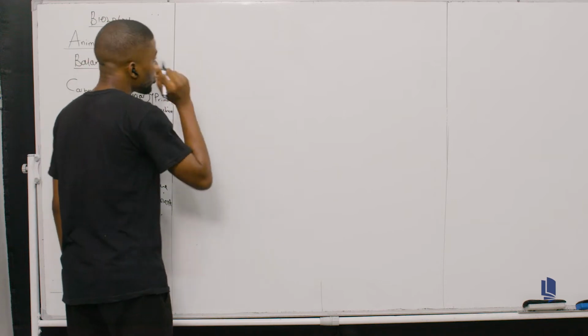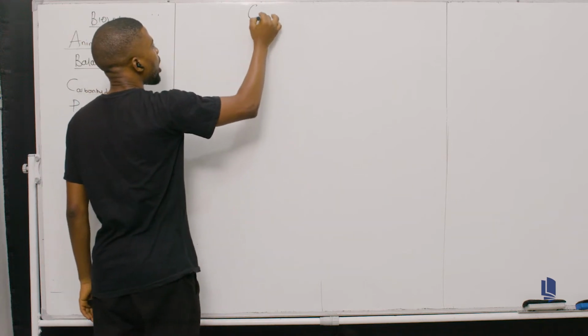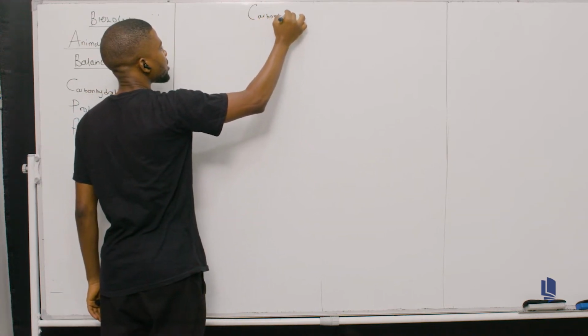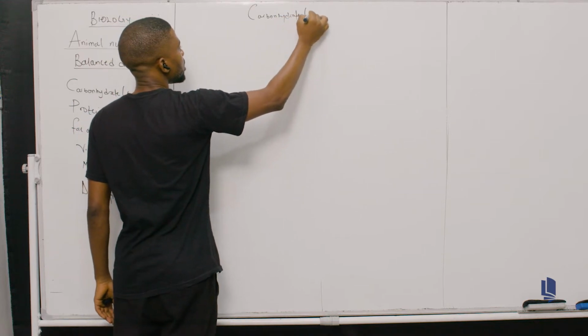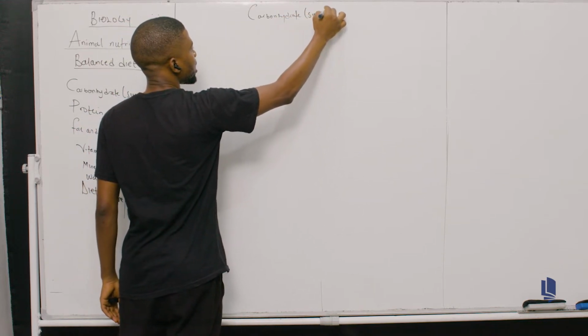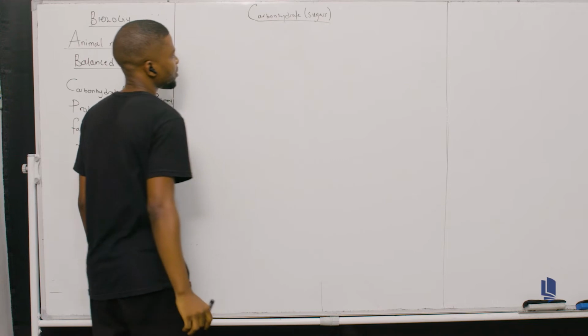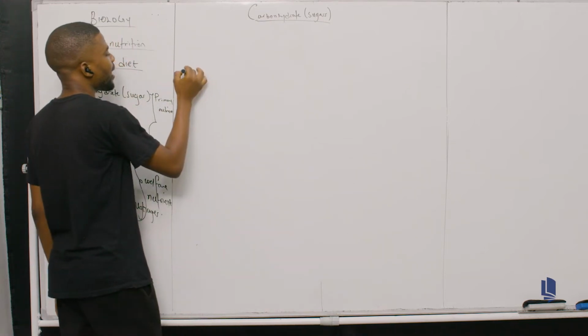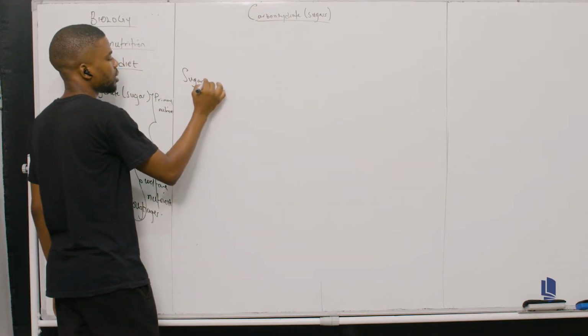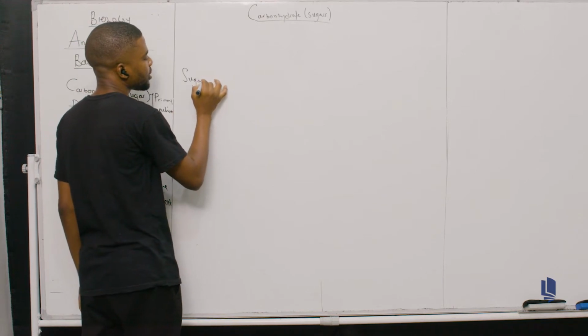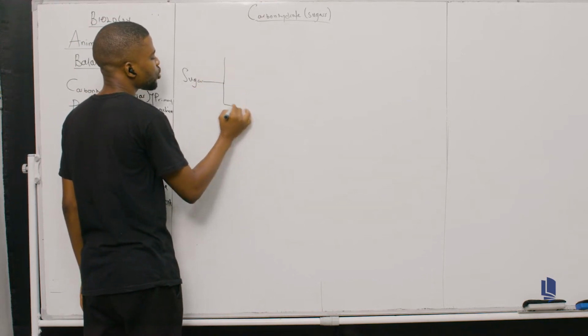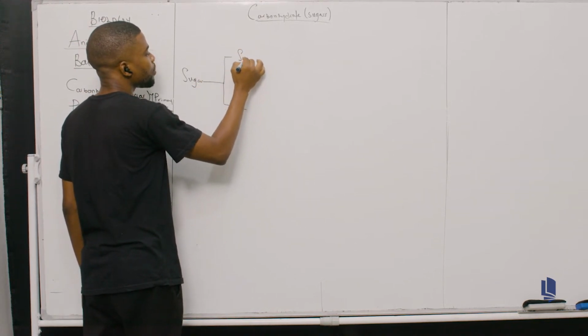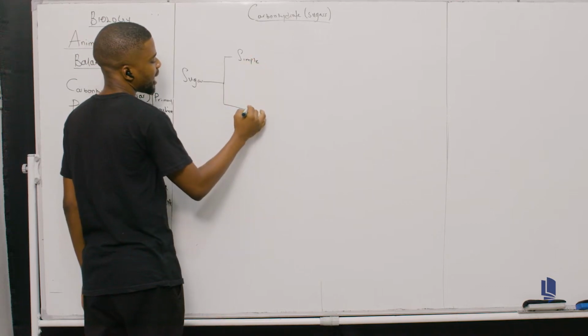So, now, note one thing. Carbohydrates are also called sugars. So if I write sugar, I'm still talking about carbohydrate. How many types of sugar do we have? We got simple and we got complex.